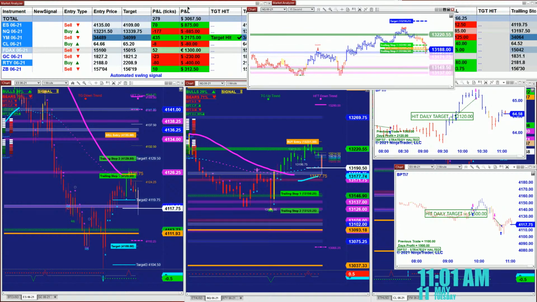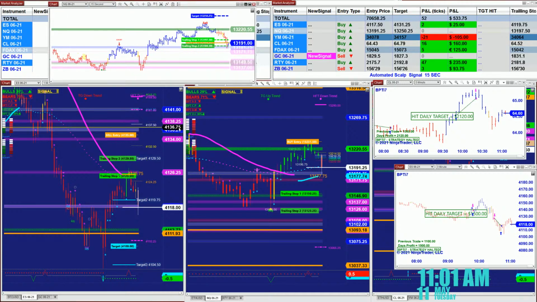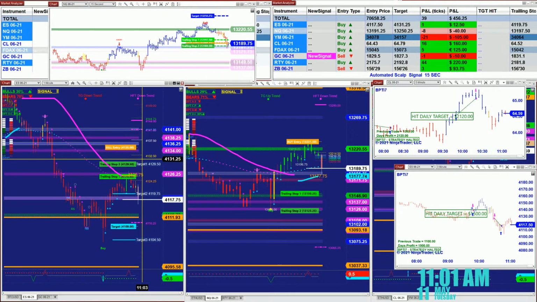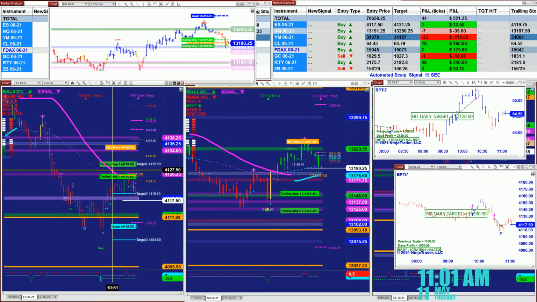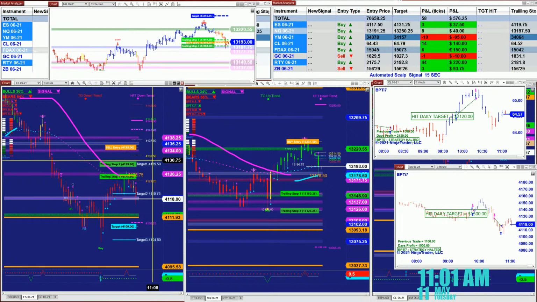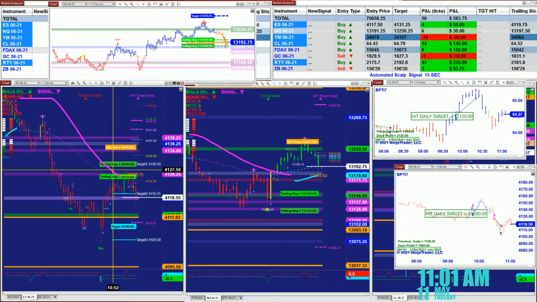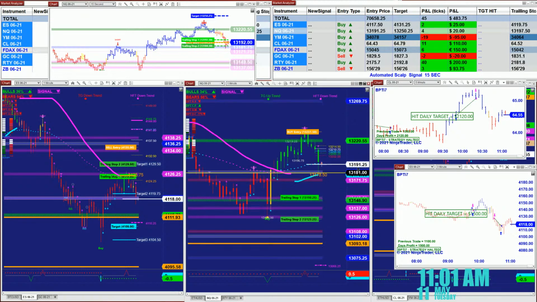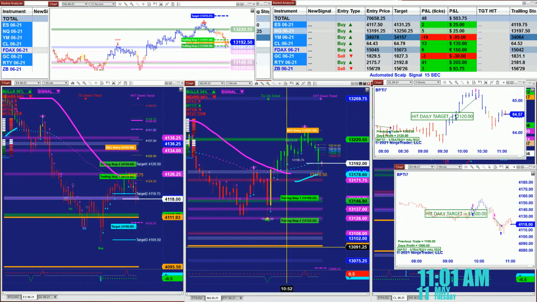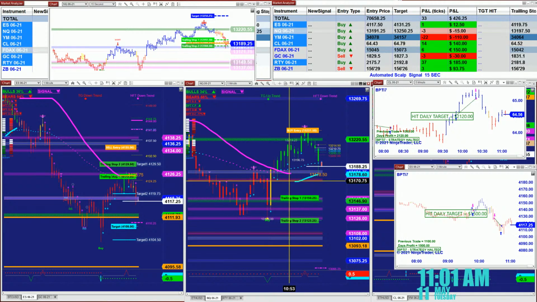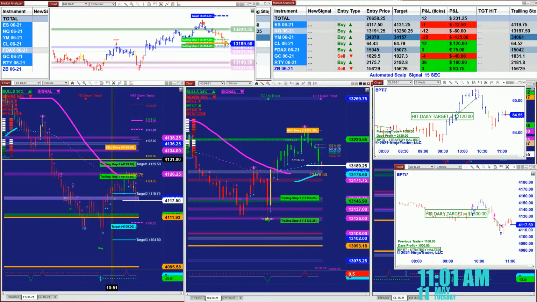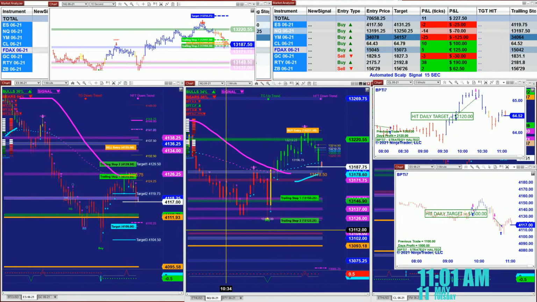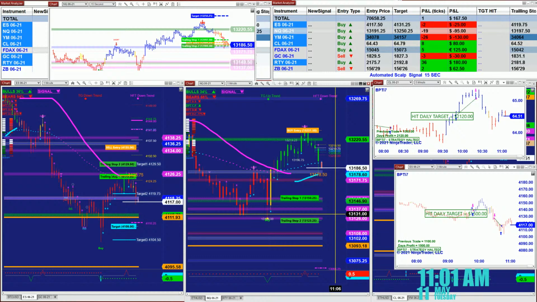Let me show you what that means. If we look at the ES, there is an extreme heavy resistance area. If we look at the Nasdaq, there is an extreme heavy support area.